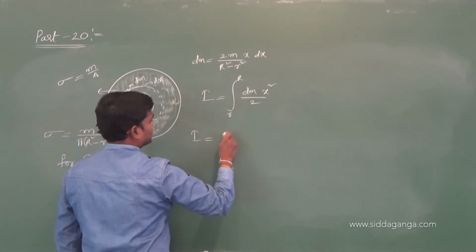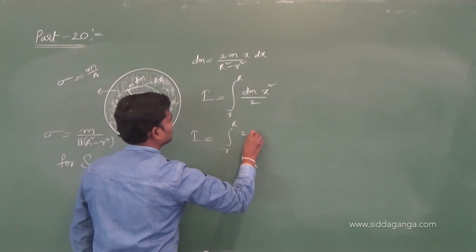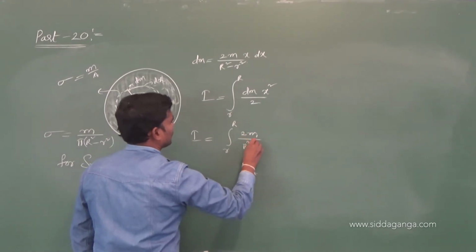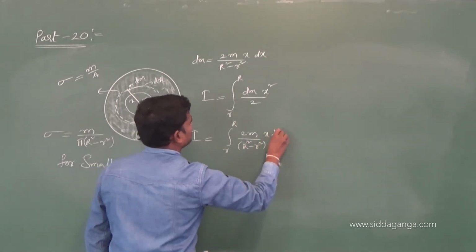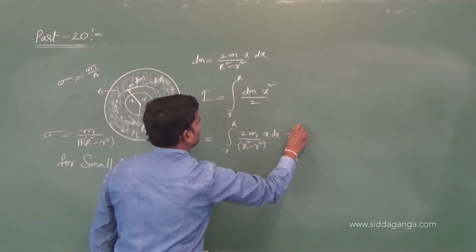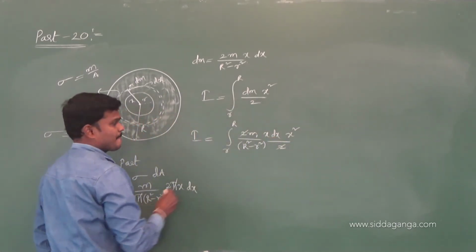dm value you substitute. Integration from r to R. What is dm? 2M/(R² − r²) x dx. This x² and this 2 is there, so 2 cancelled.